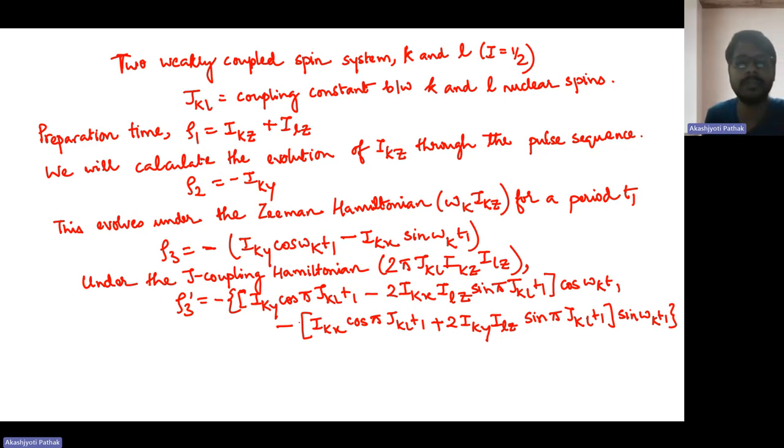And then the last pulse transform, try to understand this.